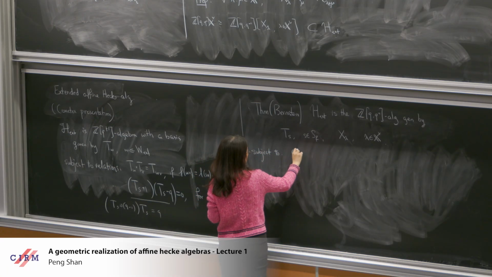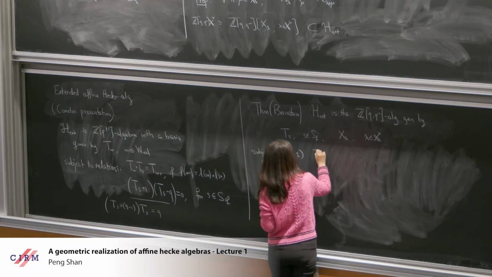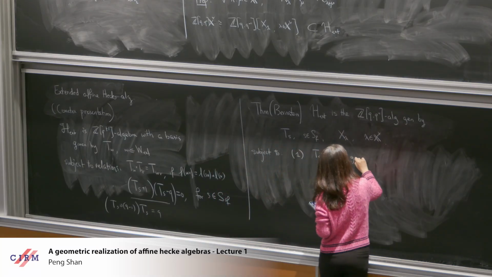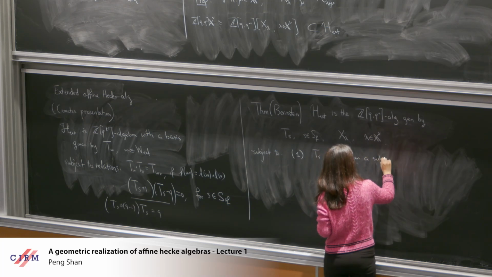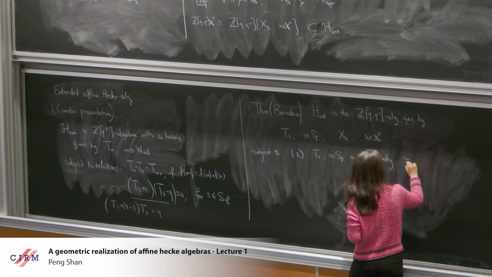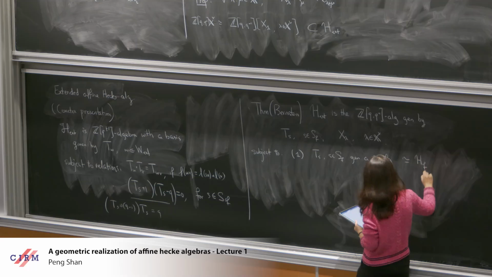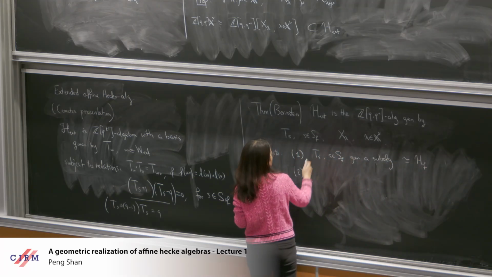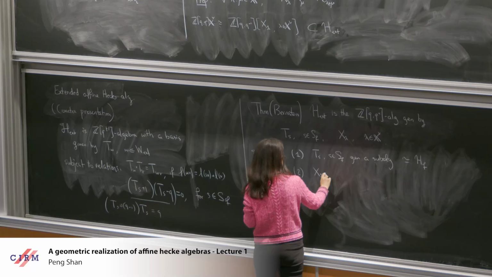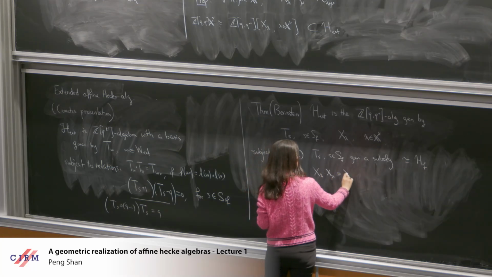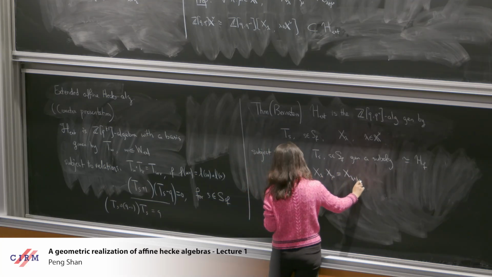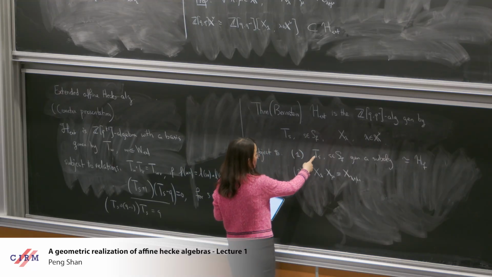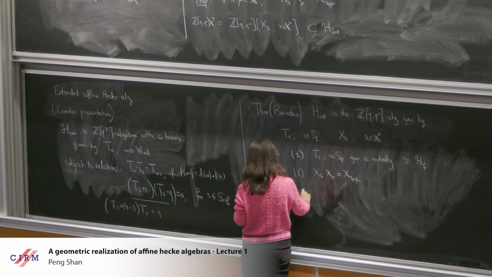So first of all, the T_s generate a subalgebra which is isomorphic to the finite Hecke algebra. And second, as we already noticed, X lambda times X mu is equal to X lambda plus mu. And finally, I need to tell you how T_s commutes with X lambda.